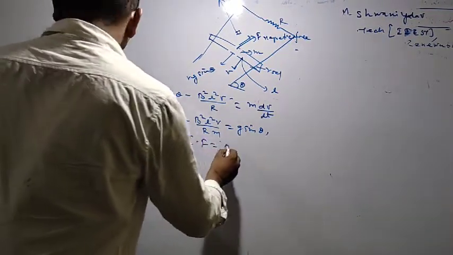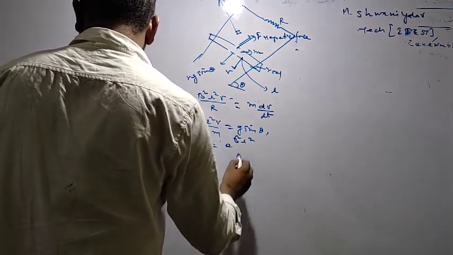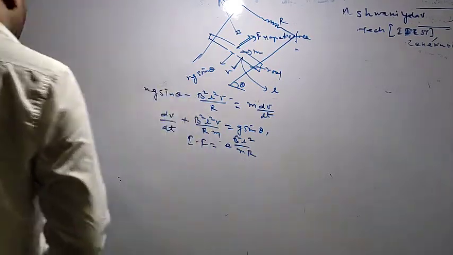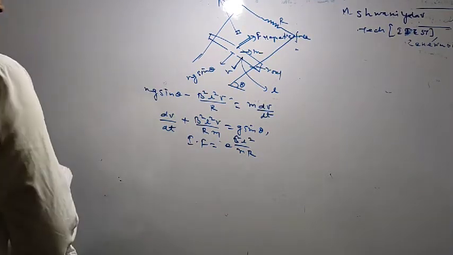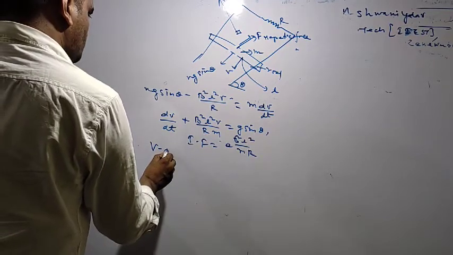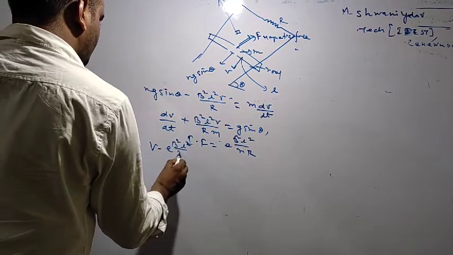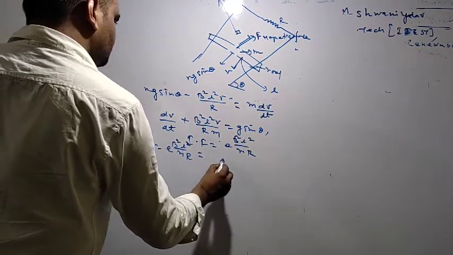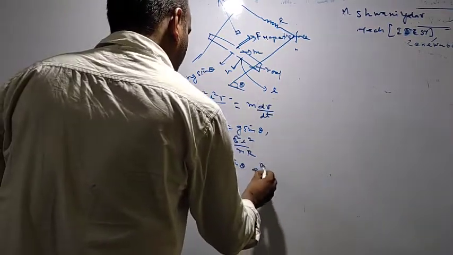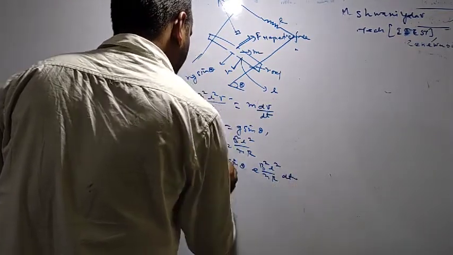The integrating factor is e to the power B square L square t by mR. Multiplying both sides, you will get v times e to the power B square L square t by mR is equal to the integral of g sin theta e to the power B square L square t by mR dt.